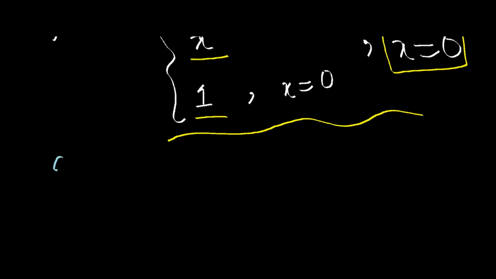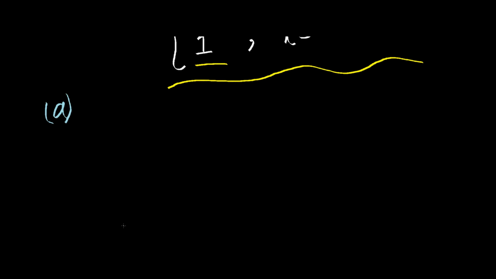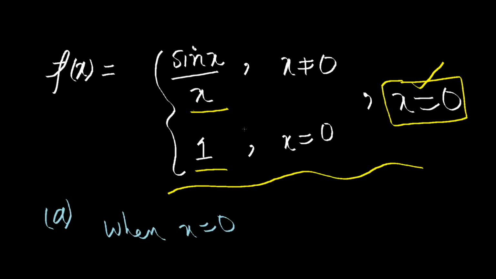The first step is we have to check whether the function is defined at the given point. The given point is x equals 0. So we have to check whether the function f of x is defined at x equals 0. As you can see in the compound function, f of x equals 1 when x is 0.